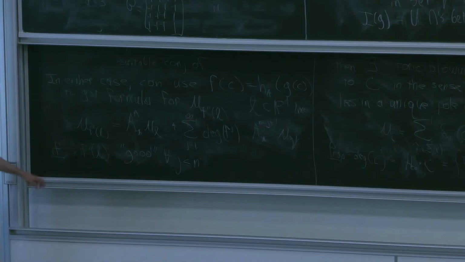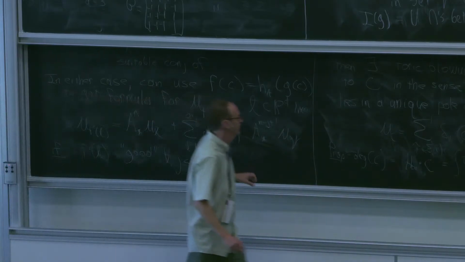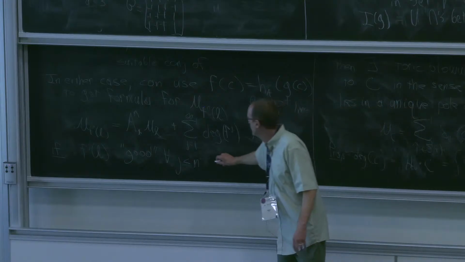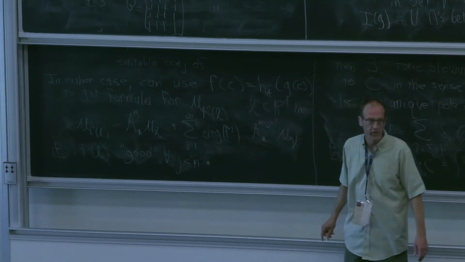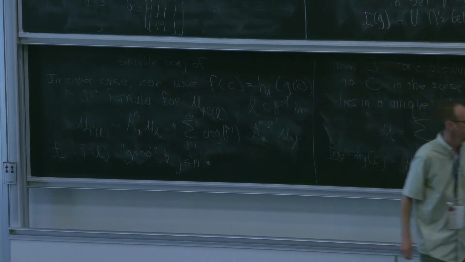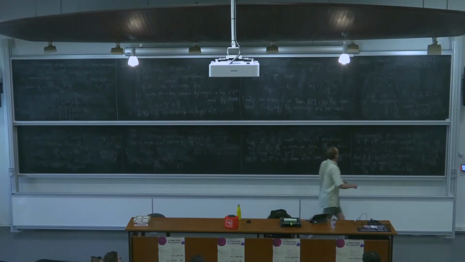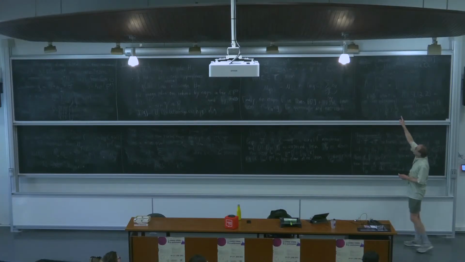And this fact here is a little bit tricky to arrange. It's always going to hold in dimension 2 if I take my matrix A to be of this form.